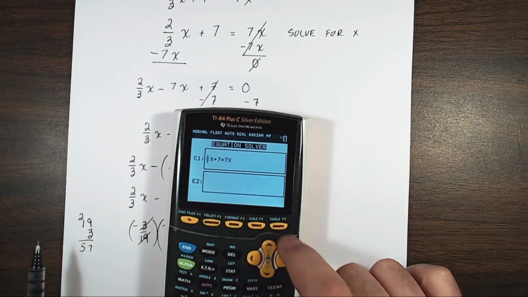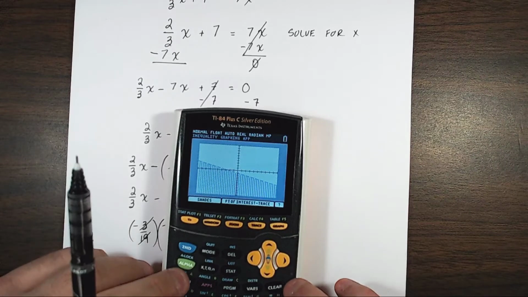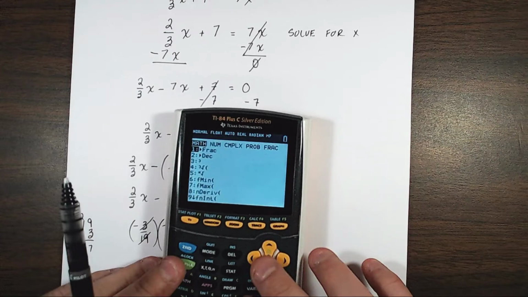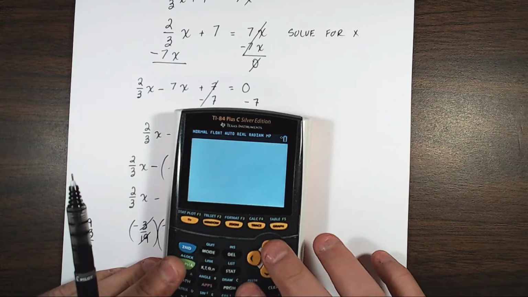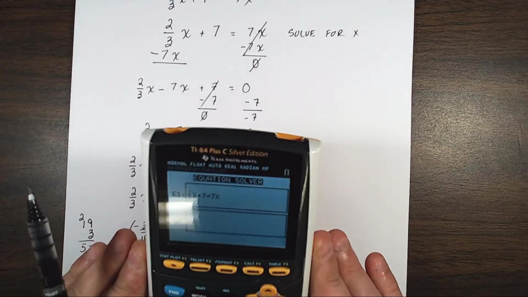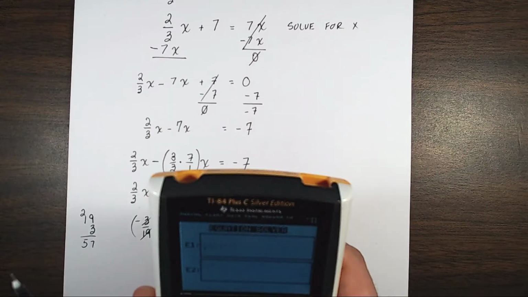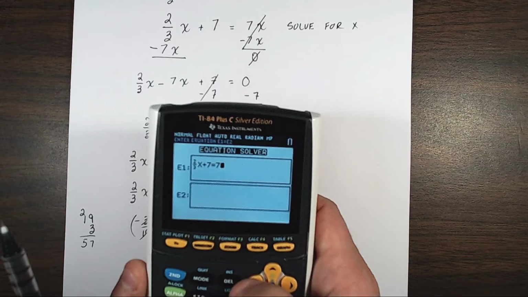And then you go down and, whoops, I hit the wrong button. That is not the button I wanted to hit. Let me go back to where I was. Apologies. Okay, so now I think it's going to make me put in both.